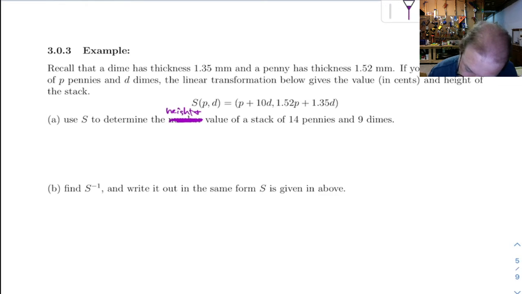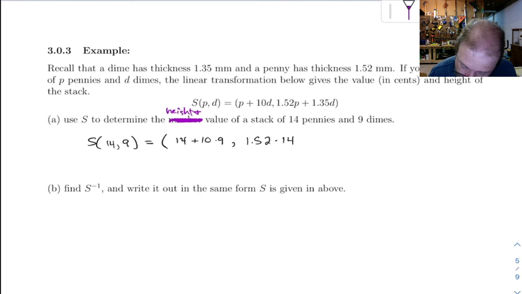All right, so all we have to do here is take S of 14 pennies and 9 dimes. So that's going to be, let's see, P is 14 plus 10 times 9, and 1.52 times 14 plus 1.35 times 9. And let's see, what is that?